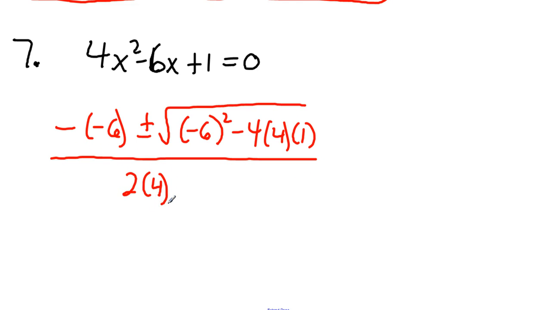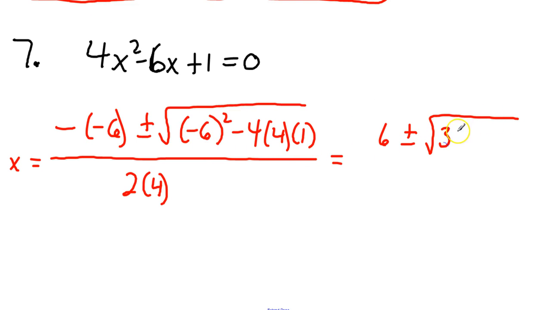And all that's over 2 times 4. So minus negative 6 means that's a positive 6, or just a 6 there at the beginning. So we know there's a plus 6. Really, we don't need the plus, so you can take that off. Just leave it at 6.